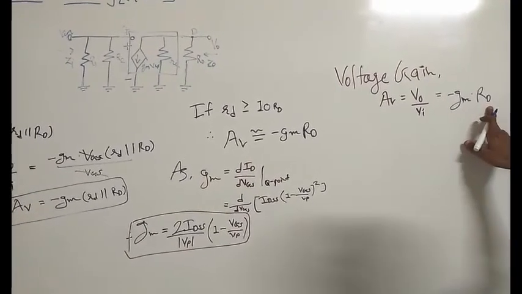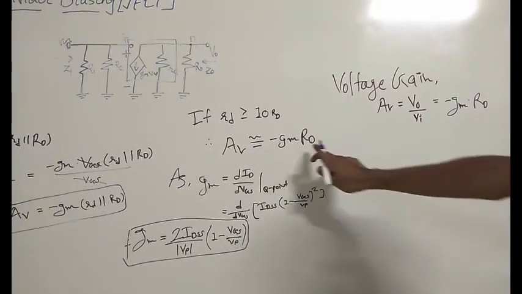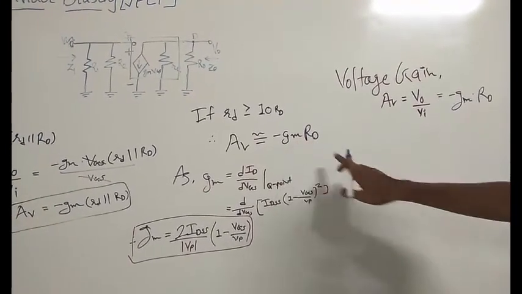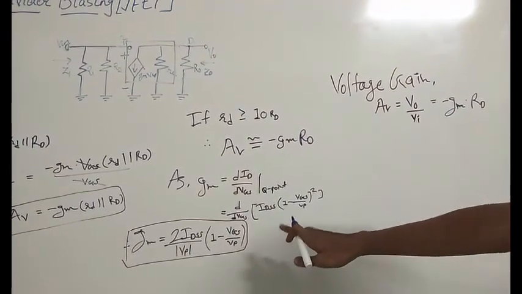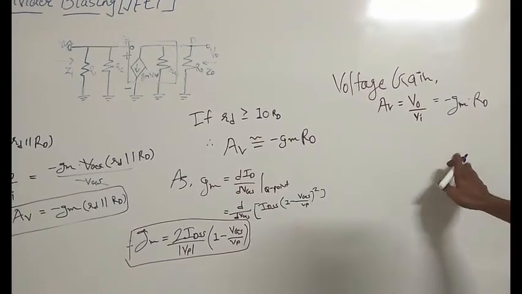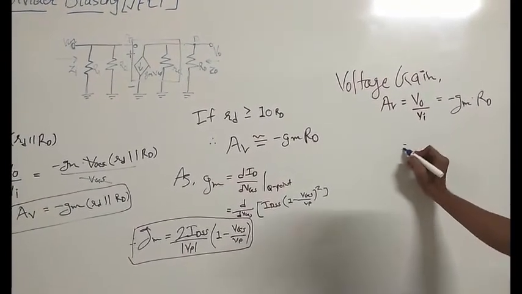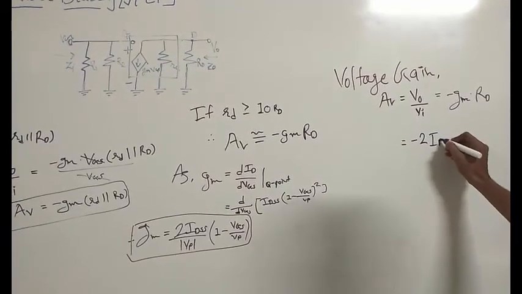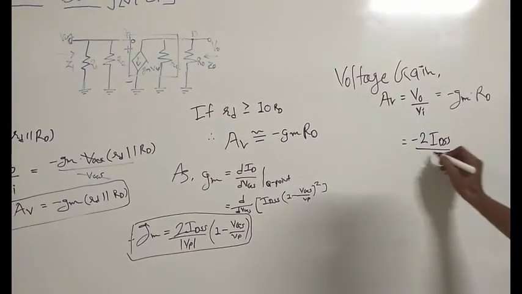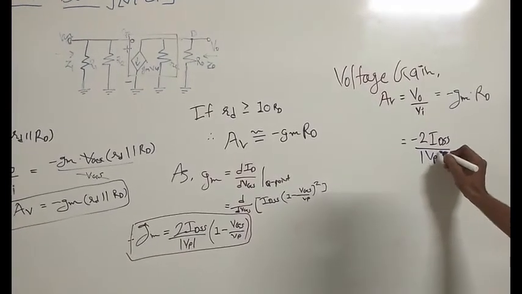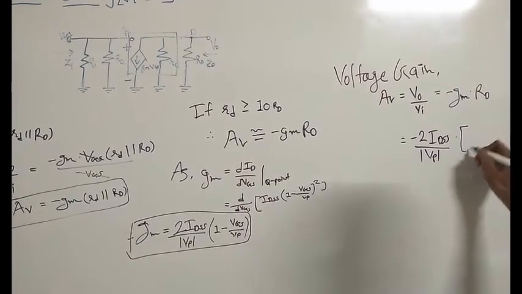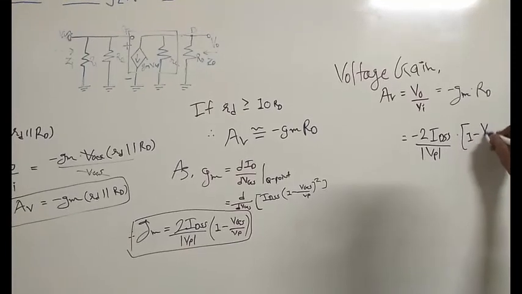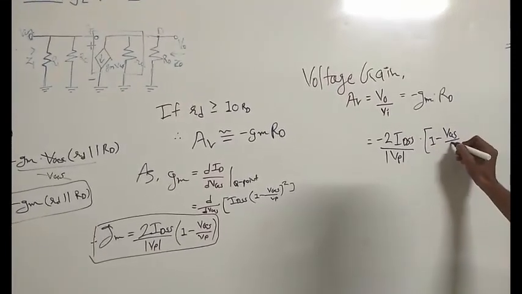Putting the value of Gm into this, we get that gain is equal to minus 2 IDSS upon mod of Vp multiplied by 1 minus VGS upon Vp, into RD.